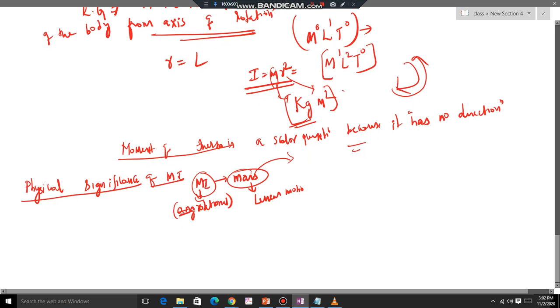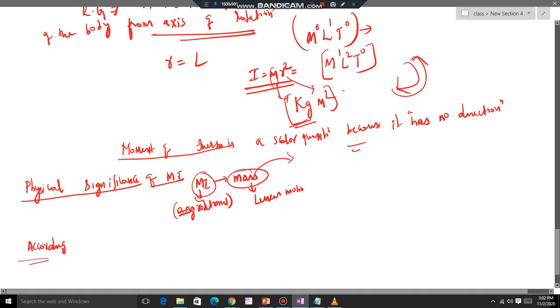According to Newton's law, which you have studied, a body continues to be in a state of rest or of motion in a straight line unless an external force acts upon it. This property of matter is known as inertia. I stated that in the beginning of this class.